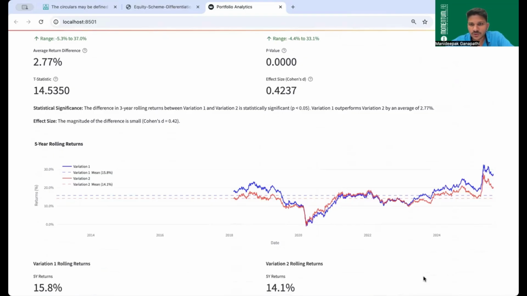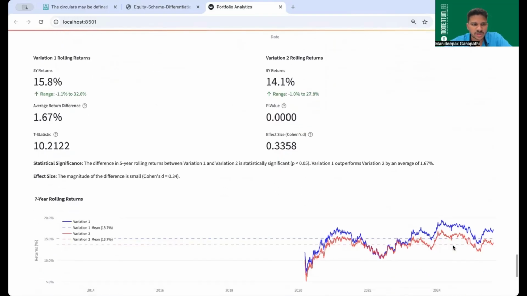Similarly, for 5-year rolling returns, you'll see that before COVID, it did well. During COVID and right after COVID, the fund was not performing over the benchmark. After that, for a good amount of time, it was just doing as much as the benchmark. And recently, it started performing over the benchmark.